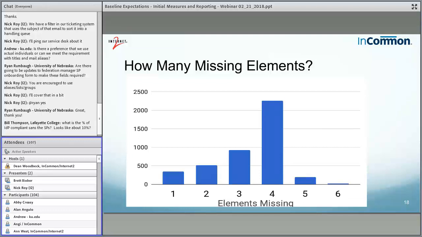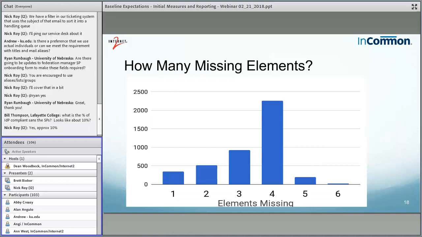Another interesting way of looking at this data, as Nick mentioned: some elements are already required, but looking at the data through this lens, how many specific elements are people missing? In the first column, the stat I wanted to share is that we have hundreds of entities that are only missing one element of baseline expectations. It might be the logo, or the technical contact or the admin contact.